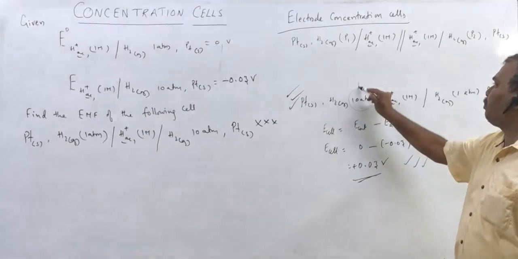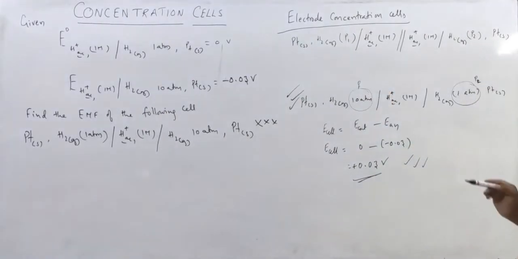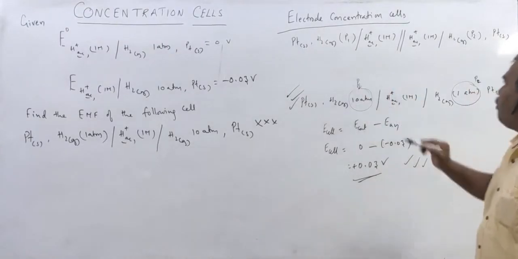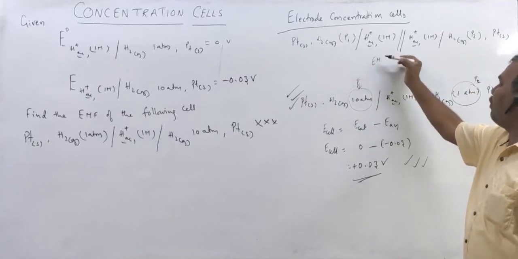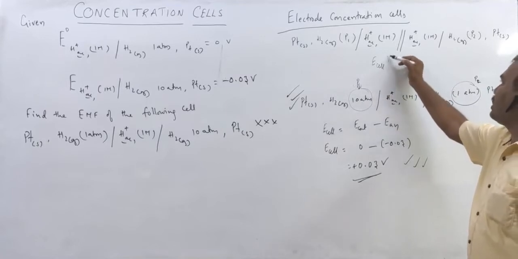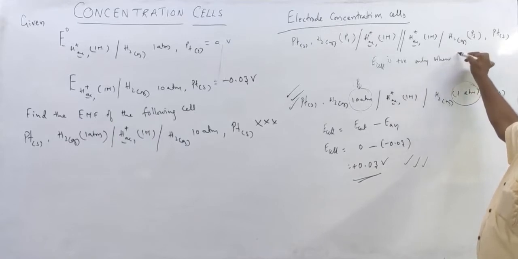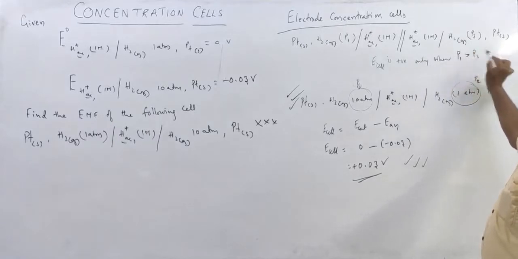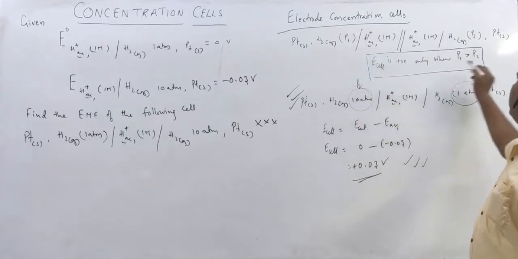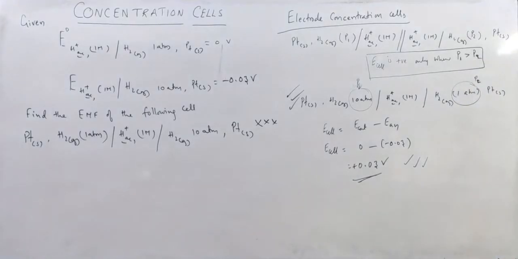Here this is P1, this is P2, right? So the EMF of the cell, E cell, is positive only when P1 is greater than P2.